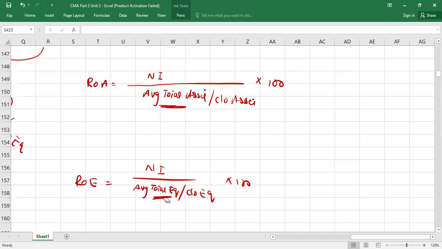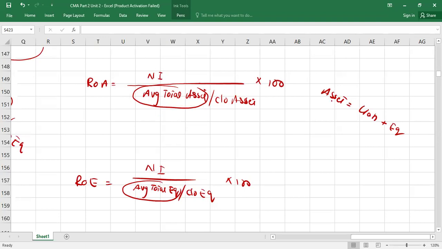Now, guys, please remember, here the denominator is total asset, and here the denominator is total equity. This is the point I'm trying to highlight. Think about assets. In the accounting equation, assets are always equal to liabilities plus equity, right?